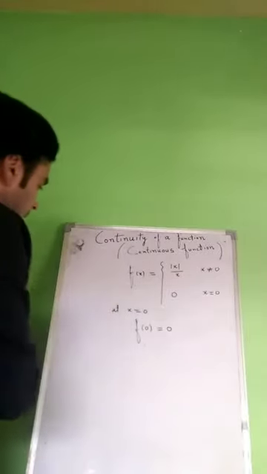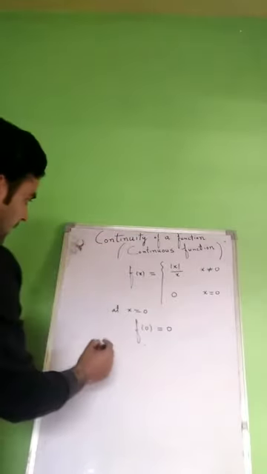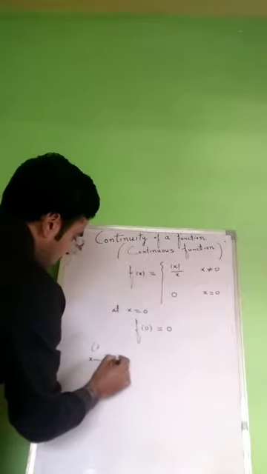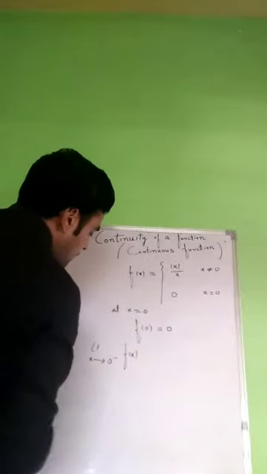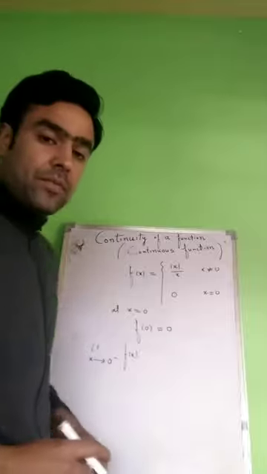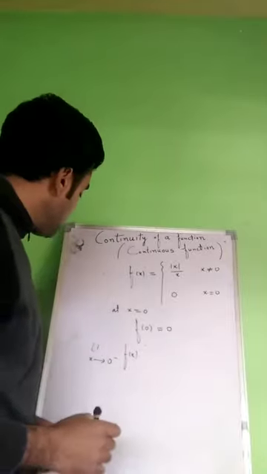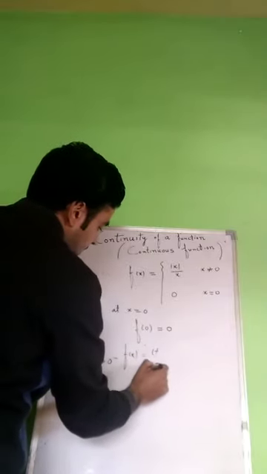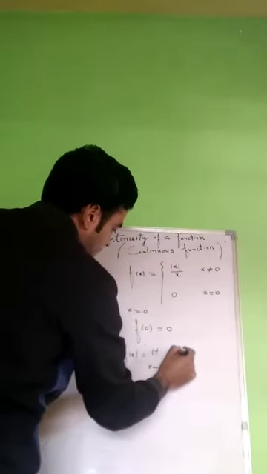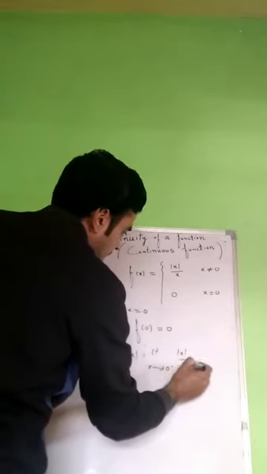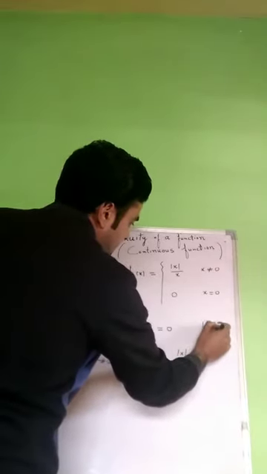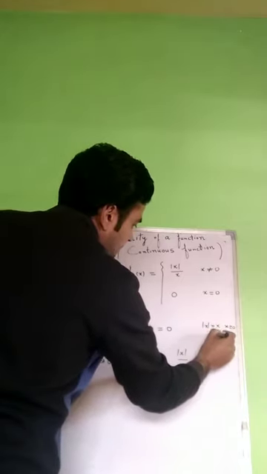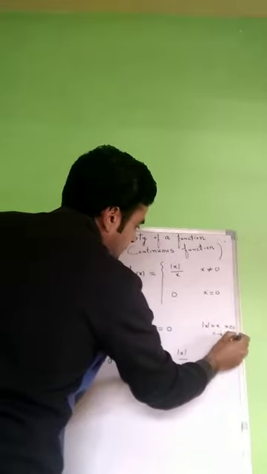Now let us find the left hand limit and right hand limit. Limit x tends to 0 minus f(x) is the left hand limit, when we approach 0 from left. At that time, limit x tends to 0 minus mod x by x. We know that mod x is equal to x when x is greater than or equal to 0, and this is equal to minus x when x is less than 0.